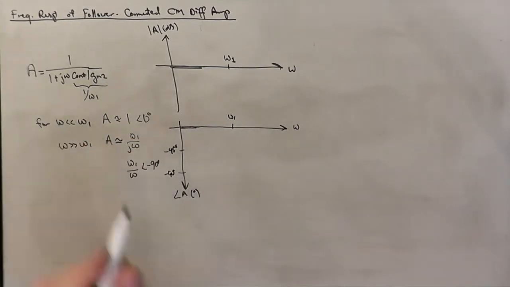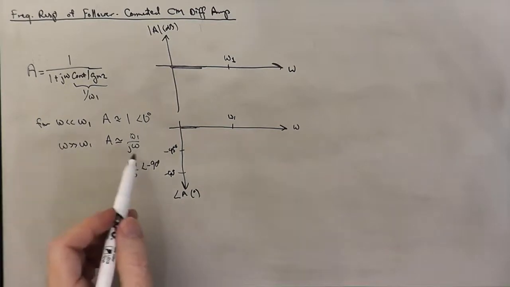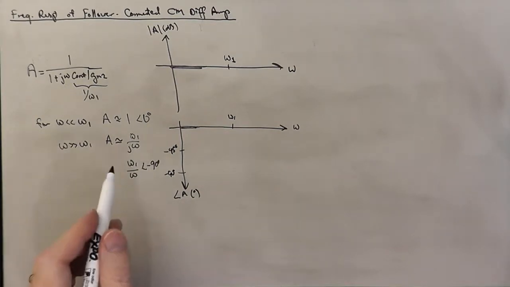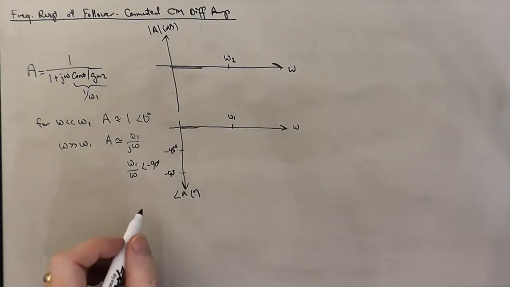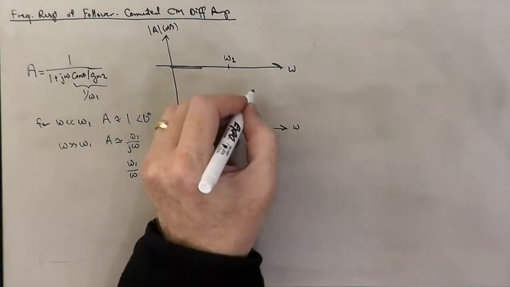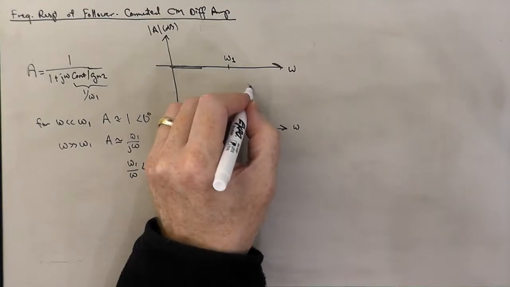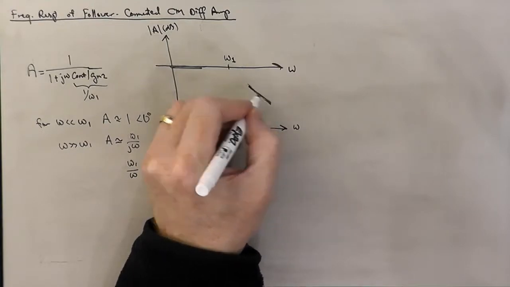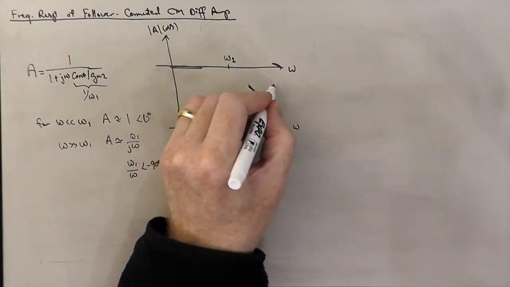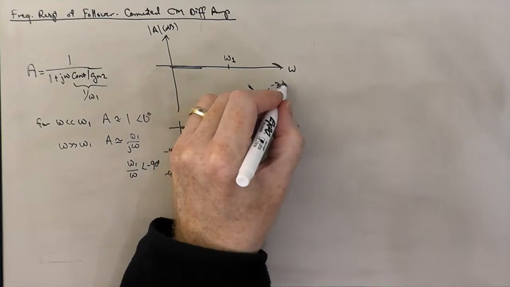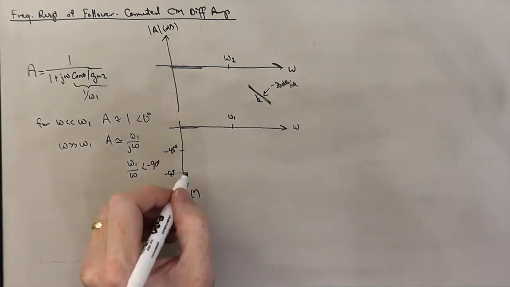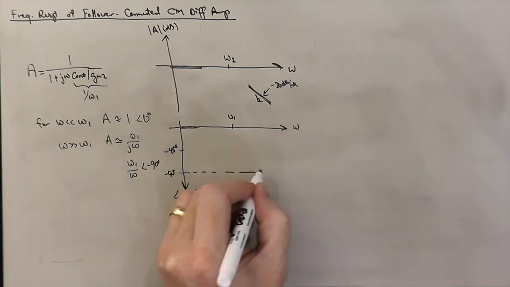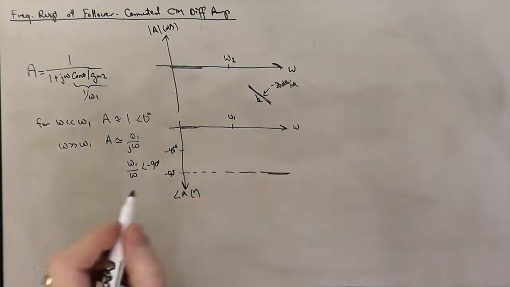For the same reasons, if we rationalize the denominator, we get a minus j, and that's going to have a magnitude of 1 and an angle of minus 90. And so we're going to have a roll off here of minus 20 dB per decade. And the phase is going to be approaching minus 90.